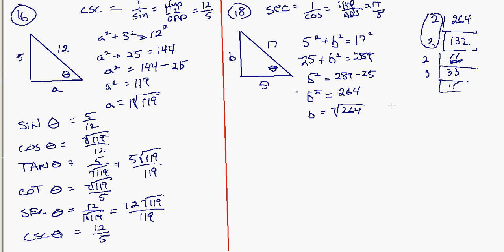So we have sine, so this is 2 square root of 66. Okay, so the sine of theta, opposite over hypotenuse, is 2 square root of 66 over 17. Cosine of theta, which is adjacent over hypotenuse, is 5/17.